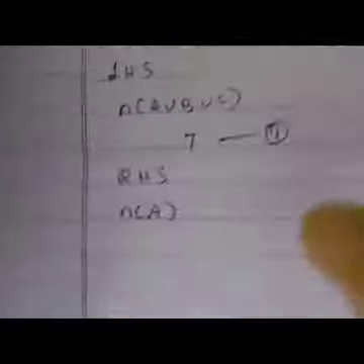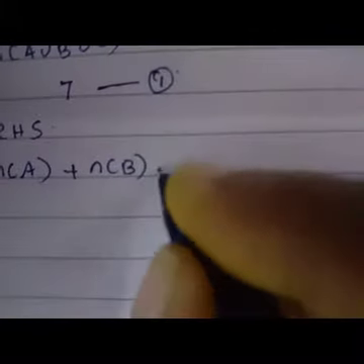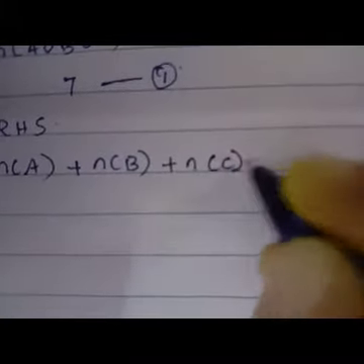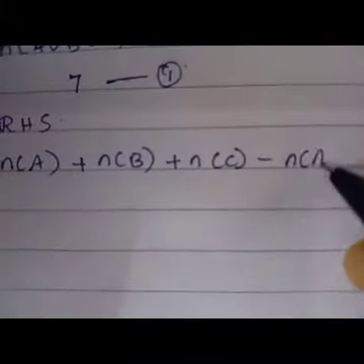And the right hand side: n of A plus n of B plus n of C minus n of A intersection B minus n of B intersection C minus n of A intersection C plus n of A intersection B intersection C.